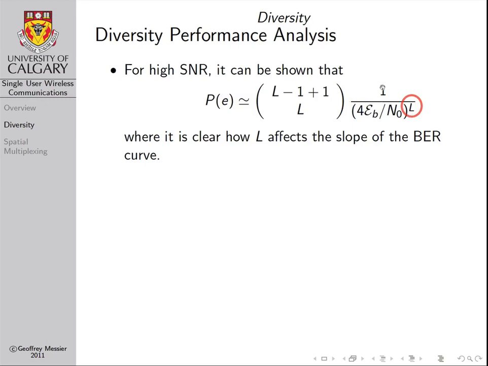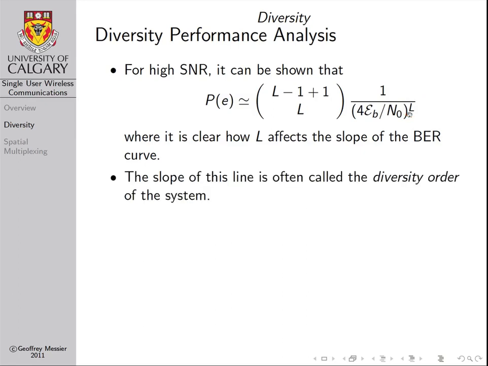So here we have an inverse function of signal to noise ratio, and this exponent L is basically what changes the slope of that straight line bit error rate curve when shown on the log plot of the previous slide. And so this equation basically confirms the observation that increasing diversity order changes the slope of the bit error rate curve.